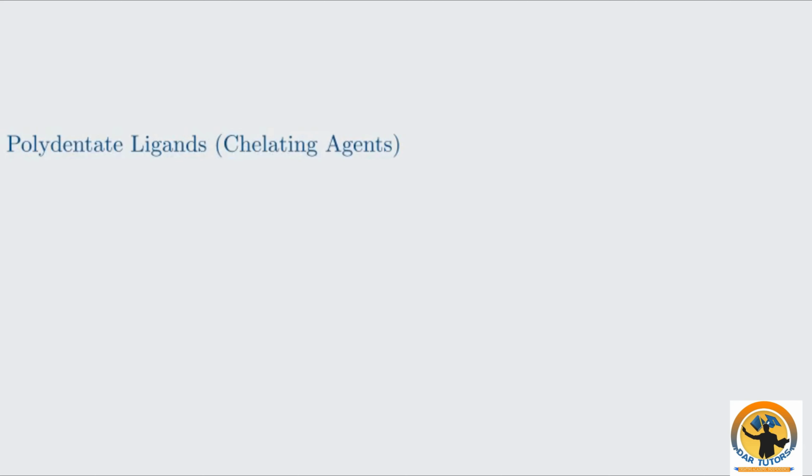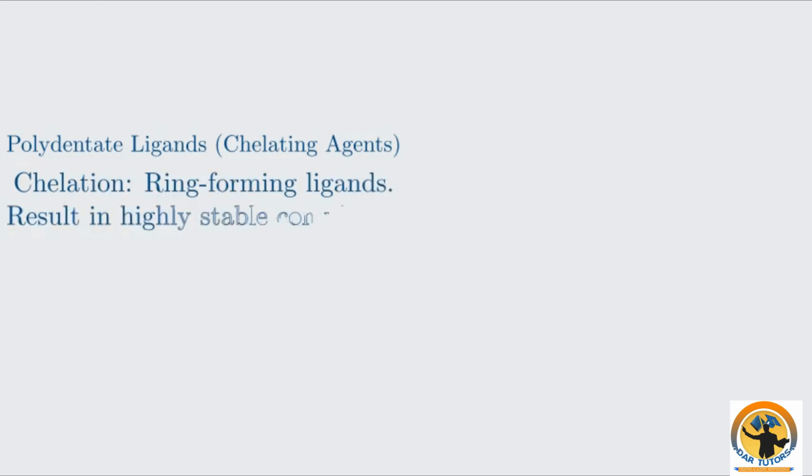While monodentate ligands bind to a metal ion at only one point, polydentate ligands, or chelating agents, can form 2 or more coordination bonds with the same central metal cation. These ligands form coordination rings with the metal ion, and this process of ring formation is called chelation. Chelate complexes are typically much more stable than those formed with monodentate ligands, a phenomenon known as the chelate effect.